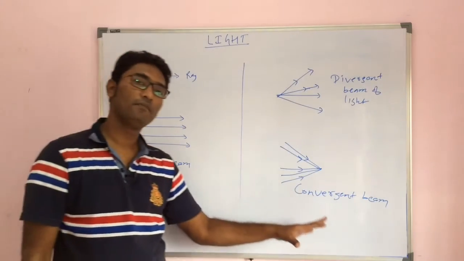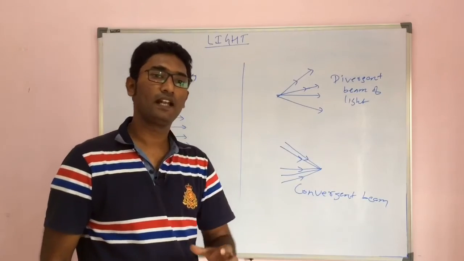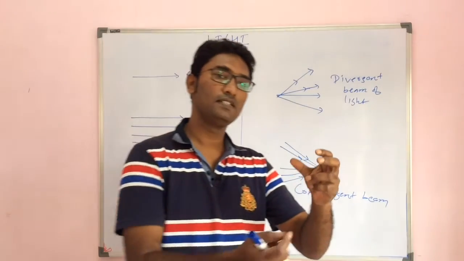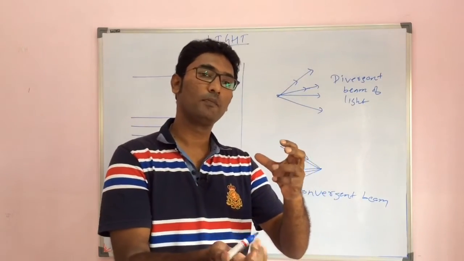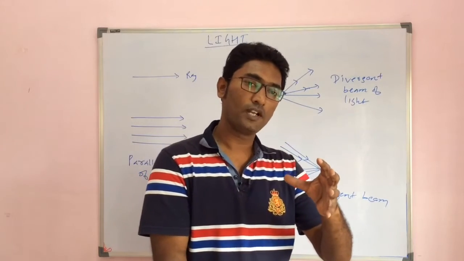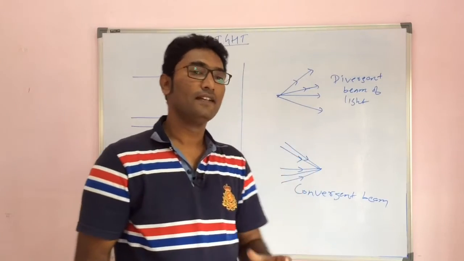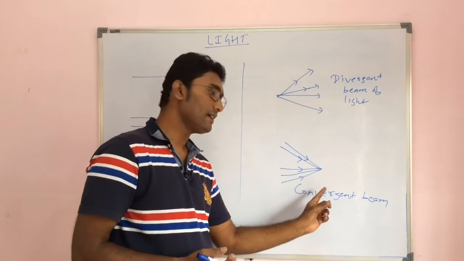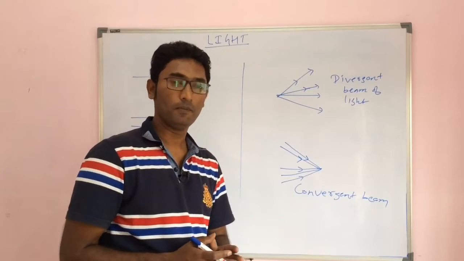A convergent beam of light can be seen when you take a magnifying glass and keep it in the sun: we see a very bright spot on the paper at the point where we focus, and that is an example of a convergent beam.